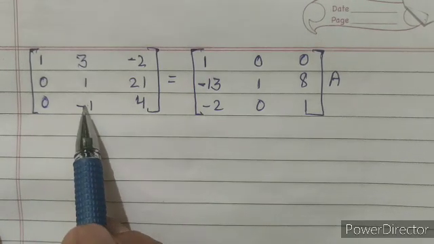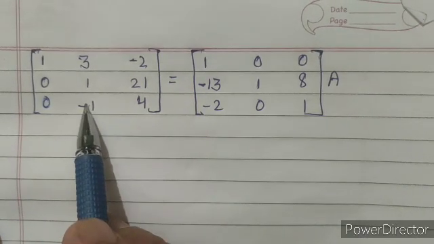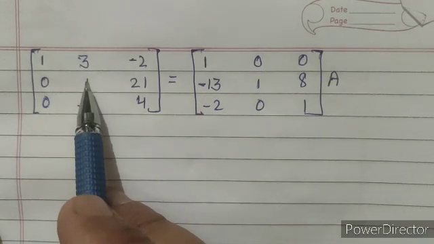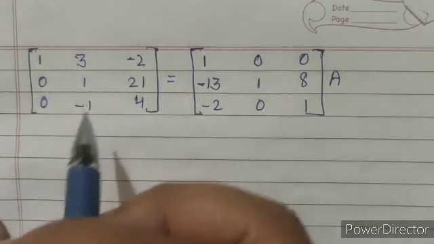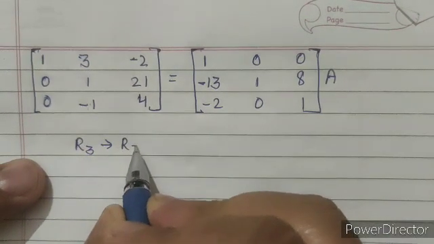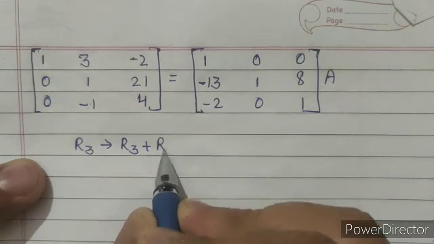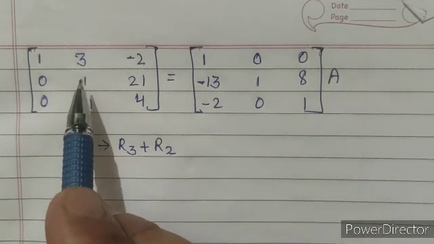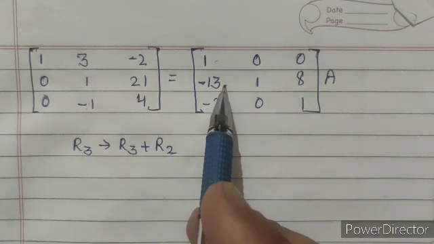So we can apply the transformation as row 3 plus row 2. So we are changing row 3 as row 3 plus row 2. Now in this case, row 1 and row 2 on both the sides will remain the same.